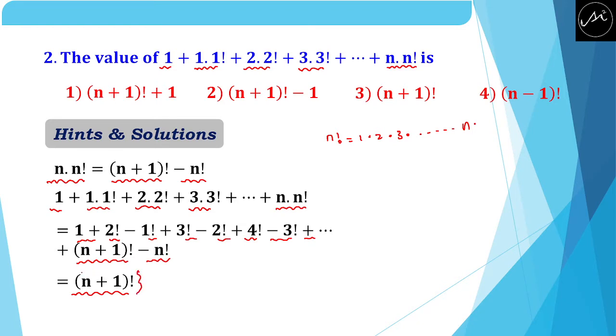Therefore n plus 1 factorial is your answer. So option 3 is the right answer, that is n plus 1 factorial.